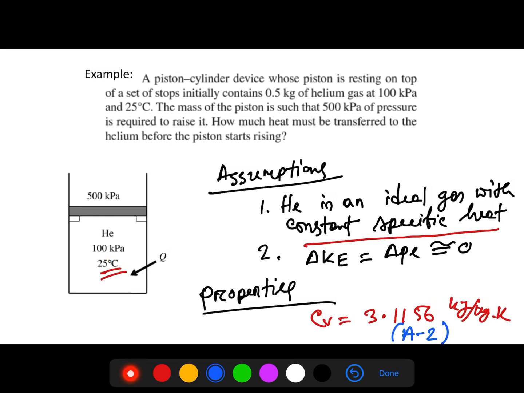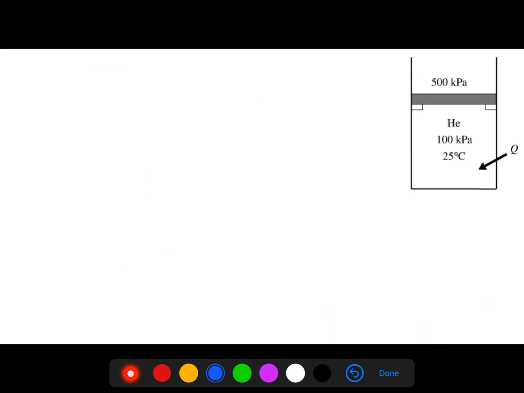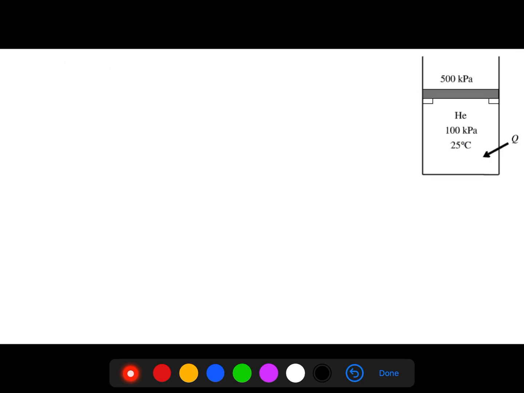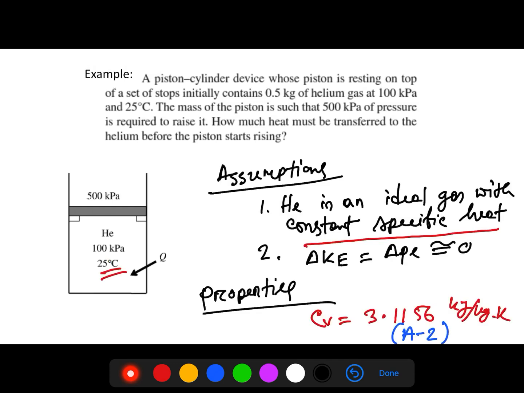So now if we start with the analysis, let me write down. What we did so far, we just wrote down the assumptions and the properties. If we read the question here, look, we need how much heat we need to transfer into the helium. So we need to calculate the Q in.